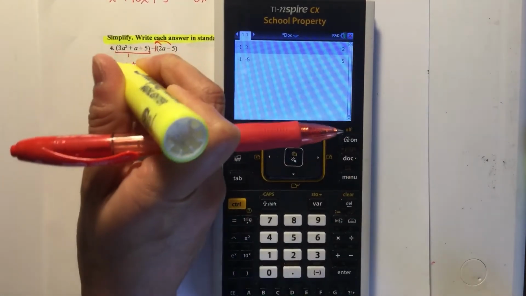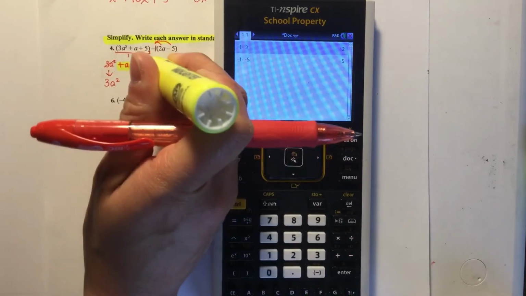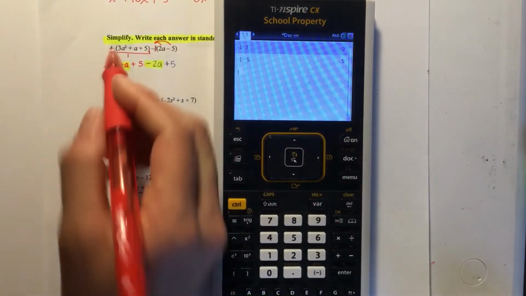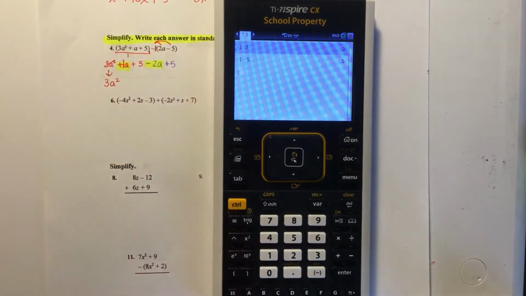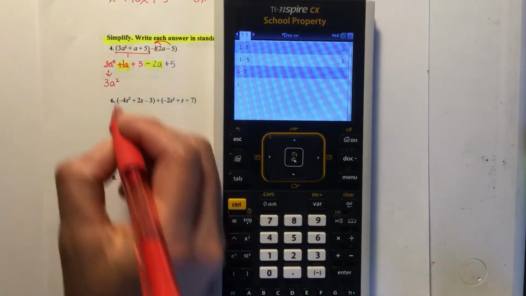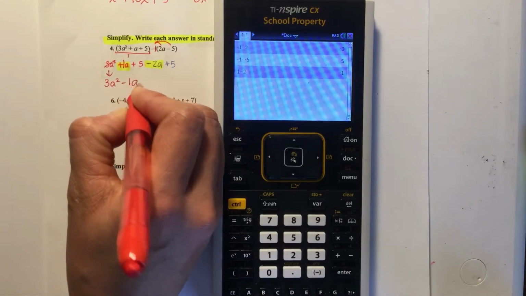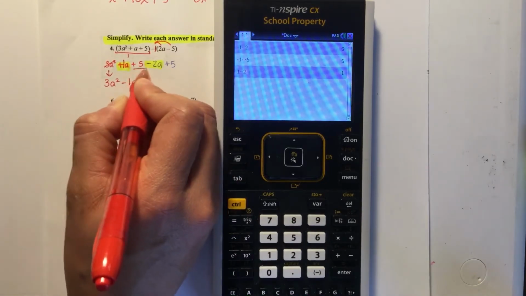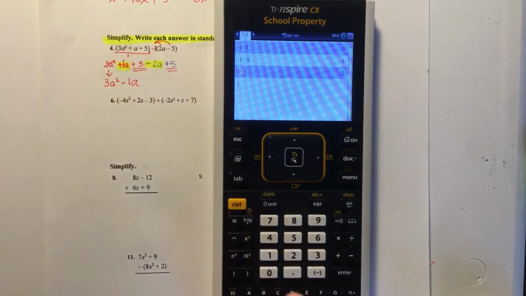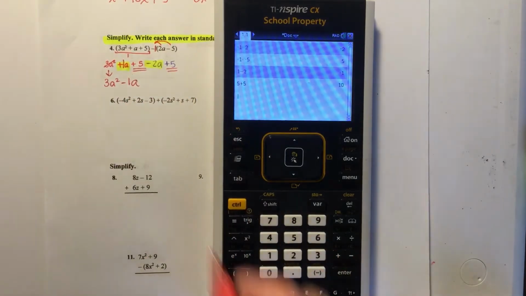A, you have a plus 1a, a minus 2a. So there's a 1 in front, so it's 1 minus 2. Negative 1. Negative 1a. And last, you combine a positive 5 with a positive 5. So 5 plus 5, 10.